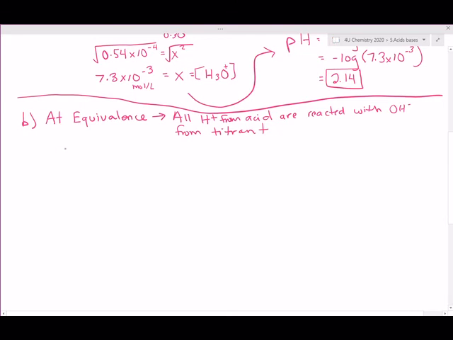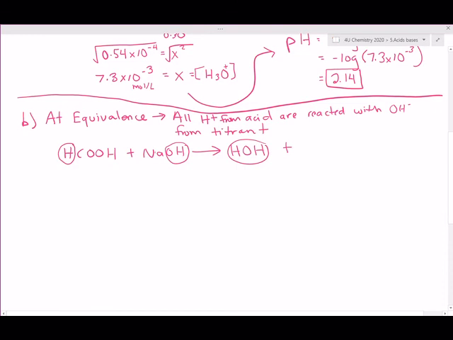So let's just write that out. So here we've got our acid in our beaker that we just figured out the pH is 2.14. And then we start adding drop by drop sodium hydroxide from the burette. And this is just a double displacement reaction. So the hydrogen from the acid and the hydroxide from the base are going to make HOH, or water.